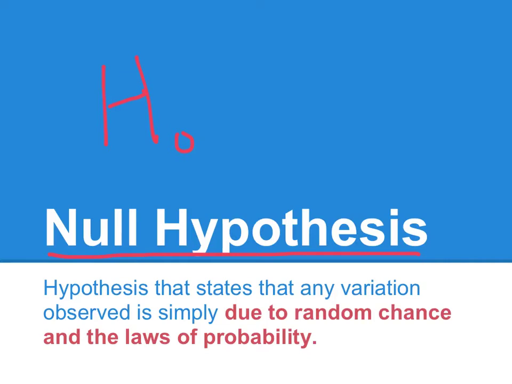The opposite of the null hypothesis would be the alternative hypothesis, H sub A. The alternative hypothesis would be that instead of random chance causing the variation, something other than random chance causes variation, which is to say that potentially an independent variable causes variation.